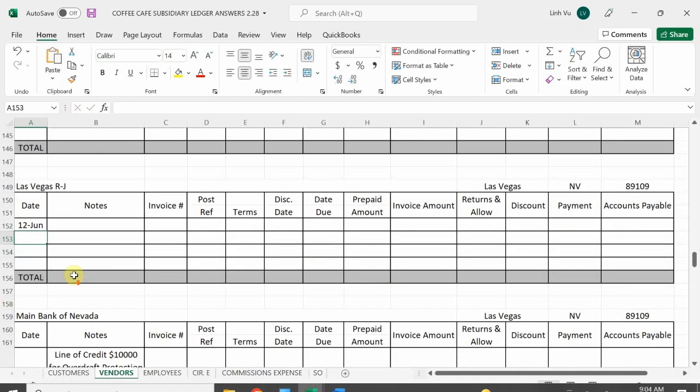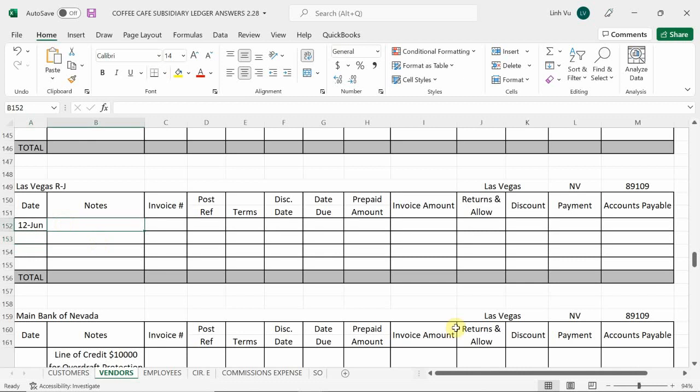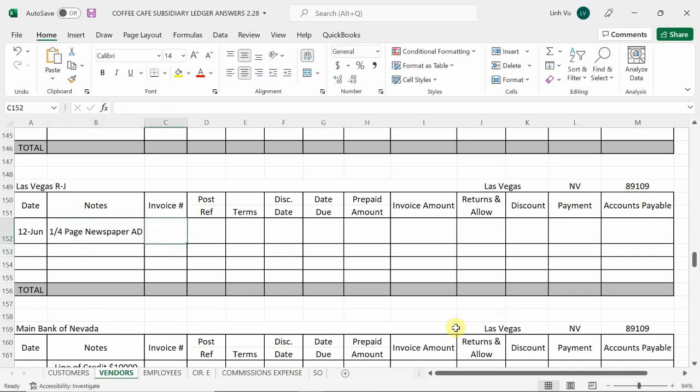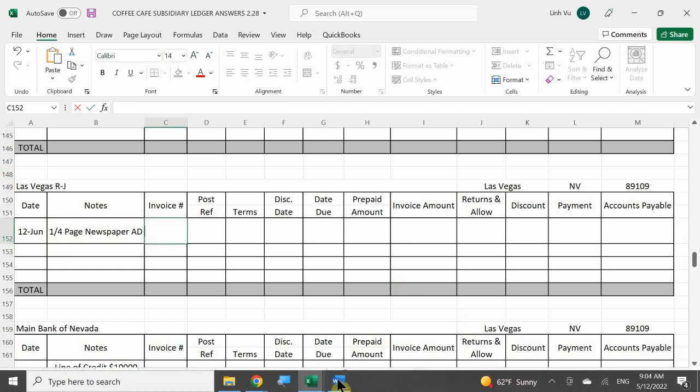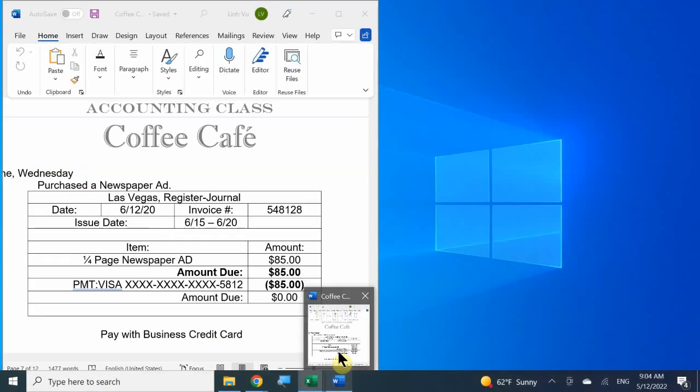What did I buy from them? I bought a quarter page newspaper ad. What was my invoice number? 548128.